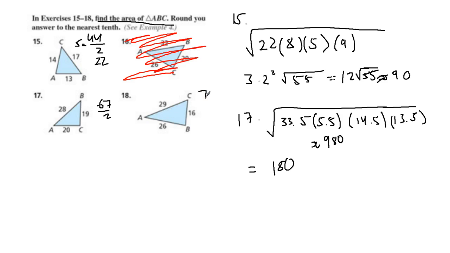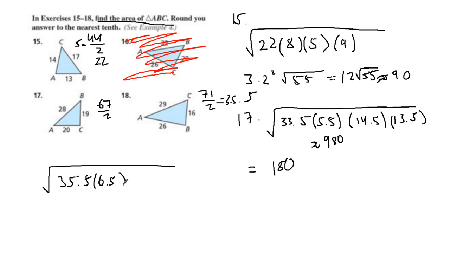We have 71. 71 over 2 is 35.5. So that is going to be inside of our Heron's formula. 35.5 multiplied by 6.5 multiplied by 8.5, 9.5, and multiplied by the humongous 19.5.